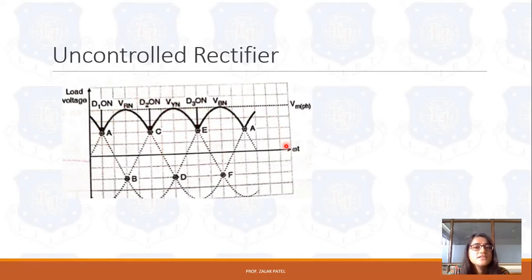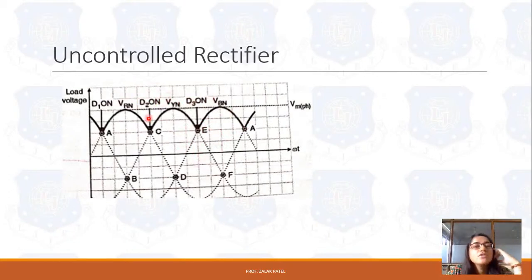So these A, C and E points are called zero crossover points. At point A only diode 1 will operate and diodes D2 and D3 remain off. In the same way at point C, D1 and D3 will be off and only D2 will conduct, and at point E, D1 and D2 will remain off and D3 will operate.